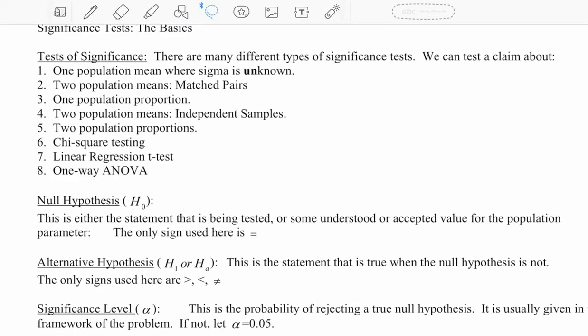We abbreviate the null hypothesis with H sub 0. That's typically the default hypothesis, either the statement that's being tested or some understood or accepted value for the population parameter.